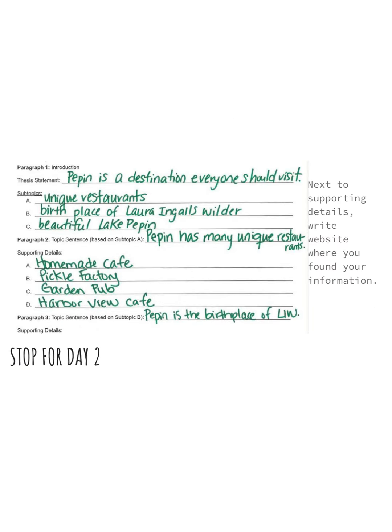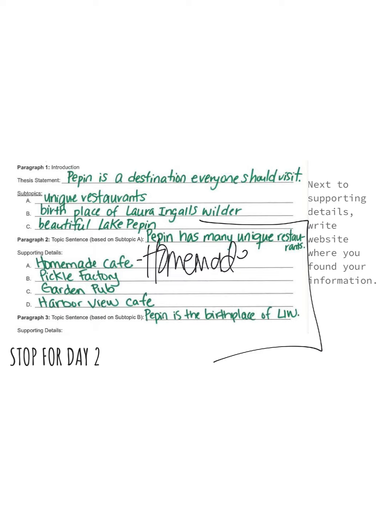All right, moving on. Next to the supporting details, this is super important for when we go to do in-text citations. And listen up, because this is usually very new for 7th graders. I have my subtopics here. Next to this, I highly recommend you write where you found this information.